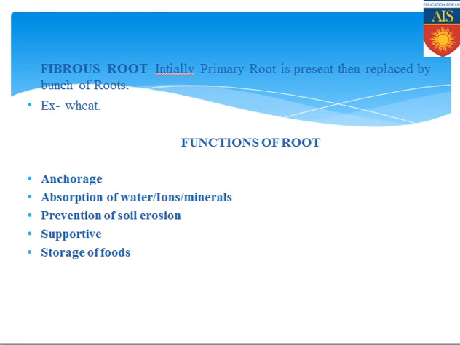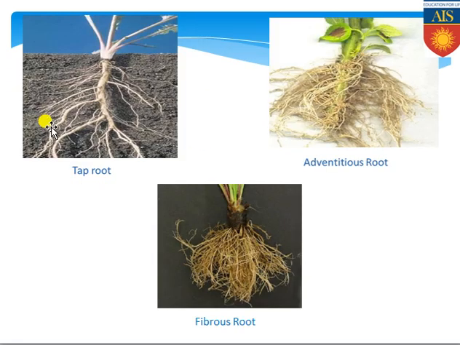Okay, so these are the figures of the three types of roots. You can obviously distinguish the types of roots properly. This is the taproot system, where there is a primary root and then secondary and tertiary roots and rootlets. This is the fibrous root, where the roots arise from the radicle but are present in a bunch-like manner.